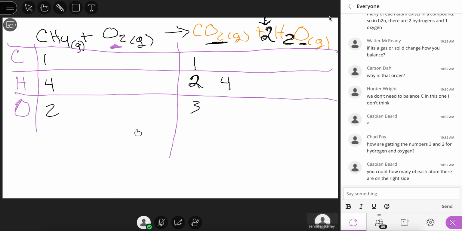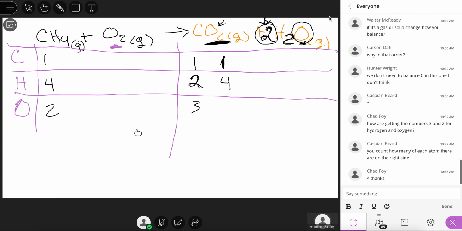So now I'm going to rebalance now that I put the 2 there. So that's 1 carbon still, 4 hydrogen now, so that's in the right direction. And then we still have 2 oxygen on the left, and now we have 2 times the 1 oxygen here, and that's just 2.